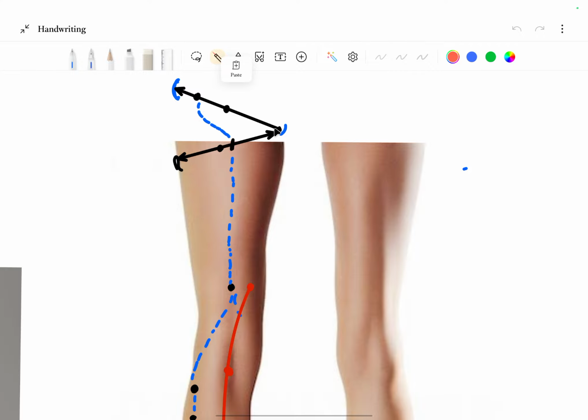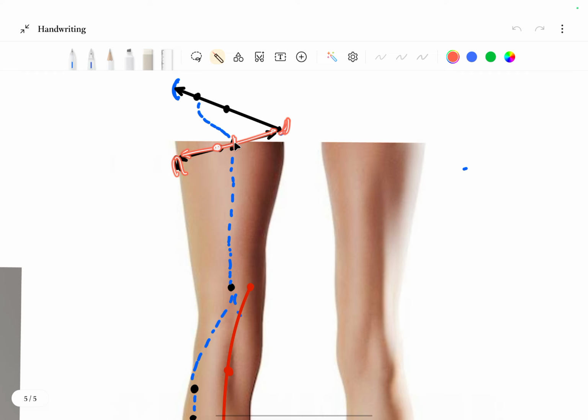Then again draw a line from the ischial tuberosity to the greater trochanter. The midpoint of that line is here.